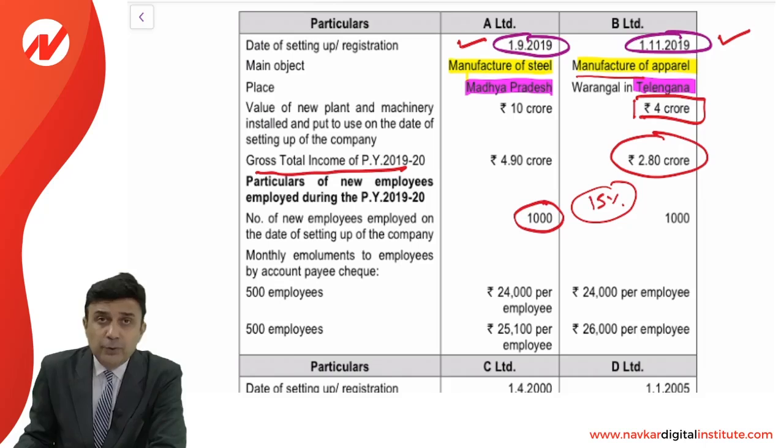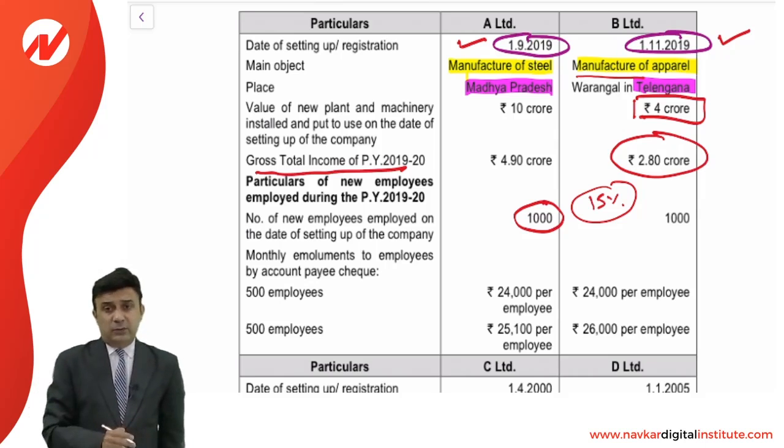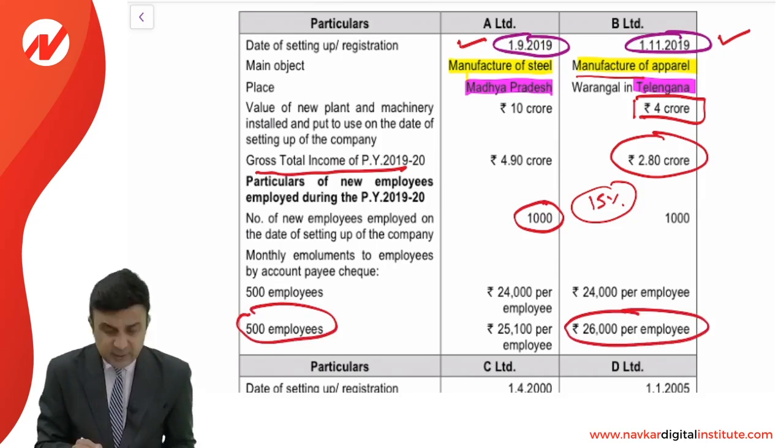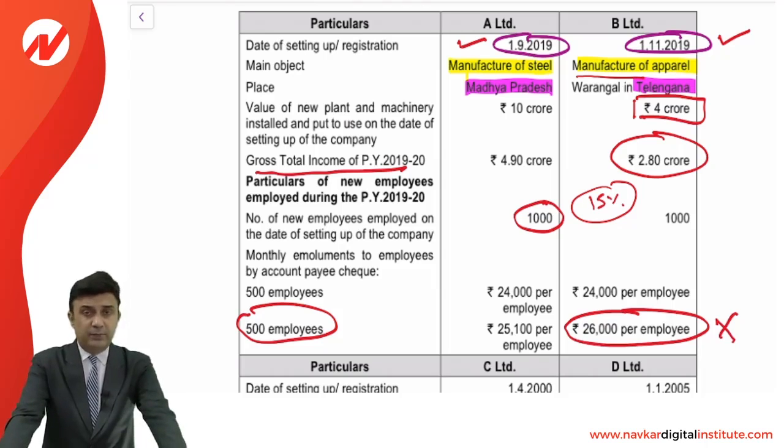They must be paid the salary, emoluments by account payee cheque. Their contribution to PF and pension scheme must not be wholly paid by the employer, and very important, their emoluments per month must not exceed 25,000. In our case, for B Limited, 500 employees' emolument is 26,000, so they would not qualify for JJAA.